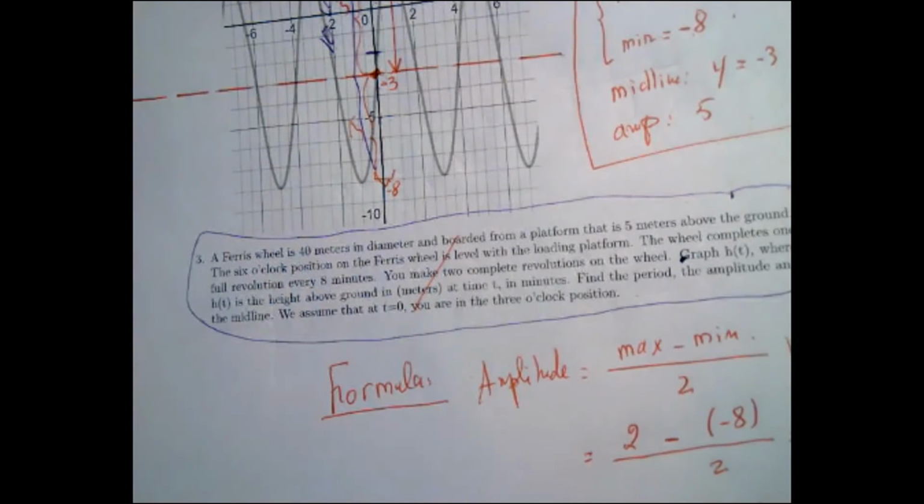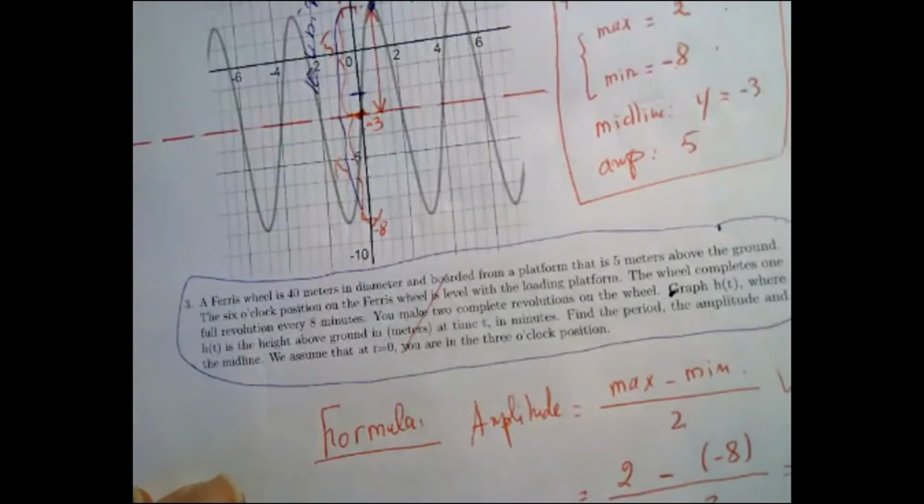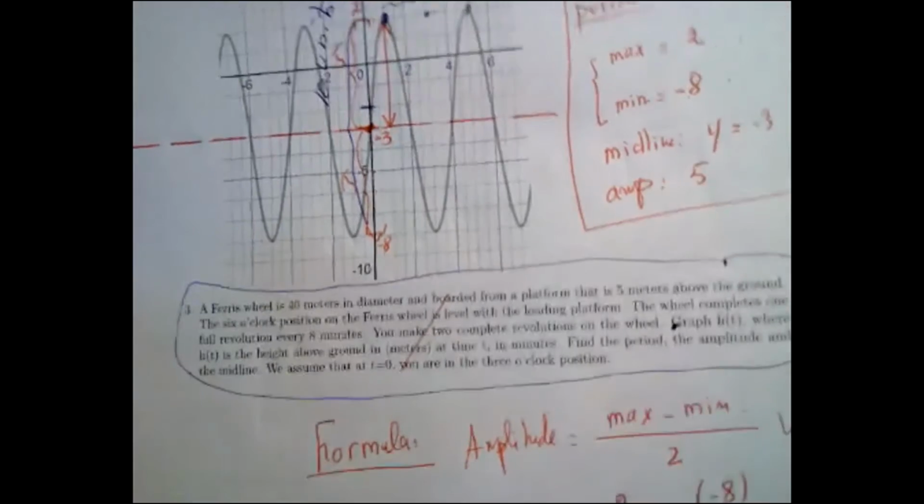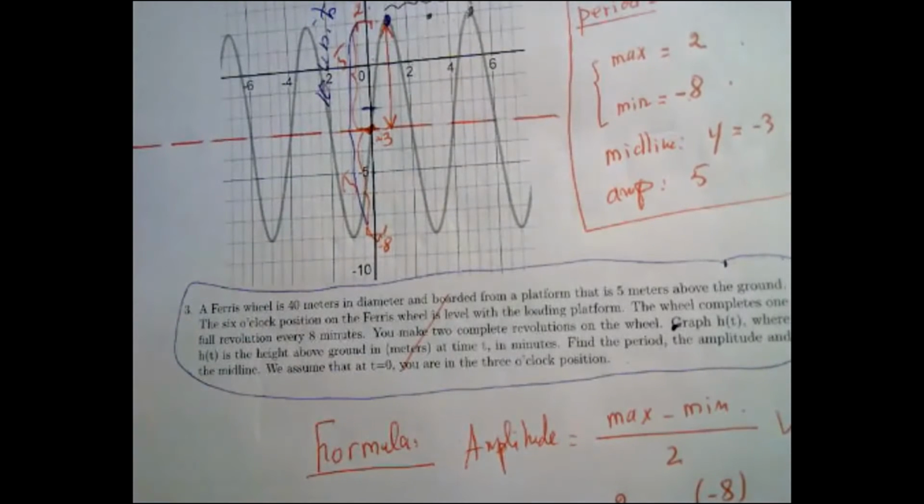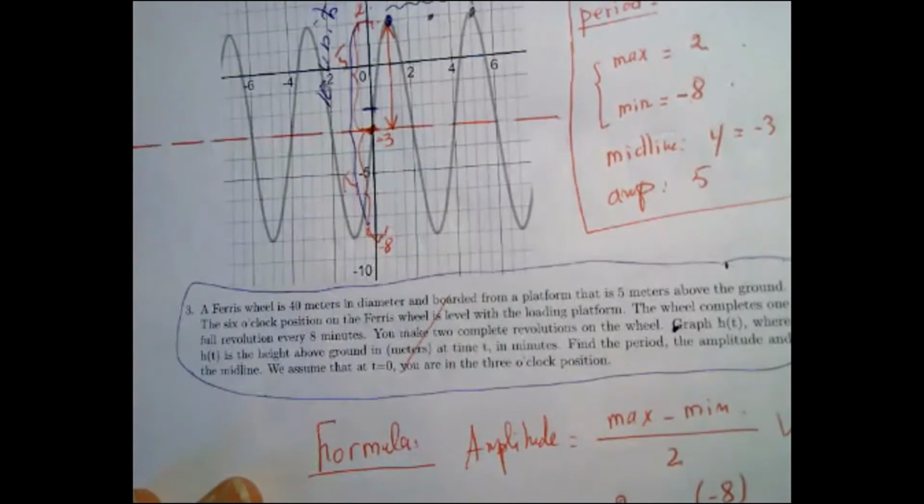Your graph is this one, right? Anybody have the same issue Giselle has? I guess everybody disappeared. It's weird. I don't know why you have that, honestly.